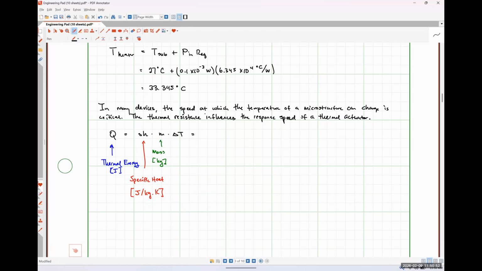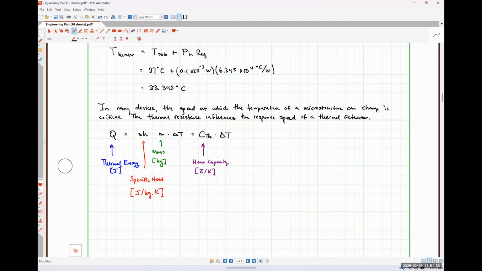And we can rewrite this as C_TH, which is our heat capacity, measured in joules per Kelvin, multiplied by that change in temperature. Well, this heat capacity is analogous to electrical capacitance.